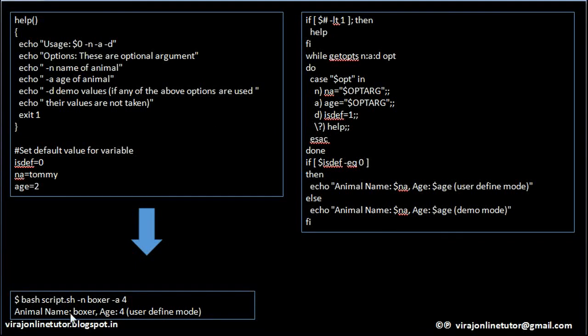Suppose the user had specified the options like the way I have given, then I am running a while loop. I am calling getopts, which is a utility that will get me the optional parameters that the user had provided on the screen. And what are the different parameters that I am supporting? I am supporting n for name of an animal, a for age of an animal, and d for using the demo values inside the script.